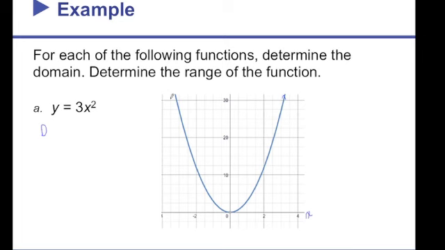We would say these go on forever. So the domain, the x values, would continue forever to negative infinity and infinity. So we could say the domain here is from negative infinity to infinity, or we could say the domain is all real numbers.